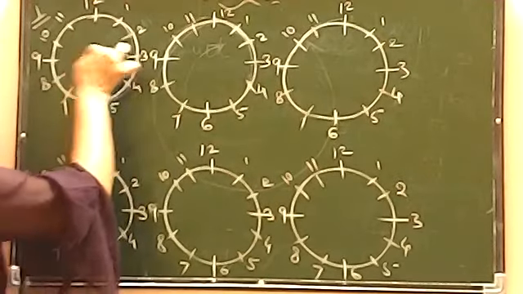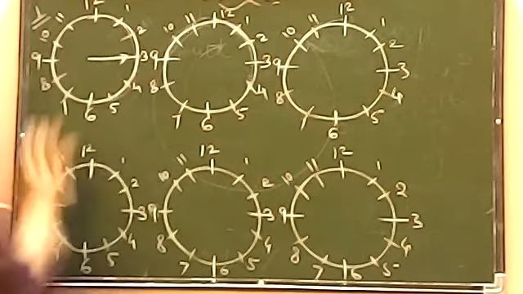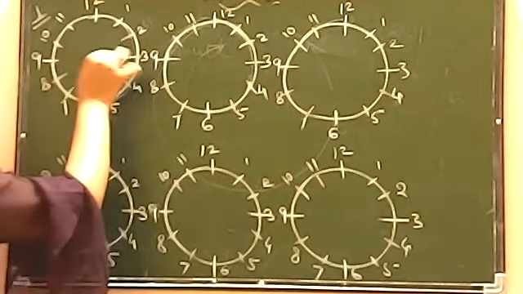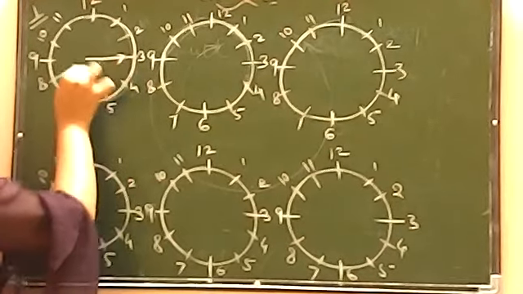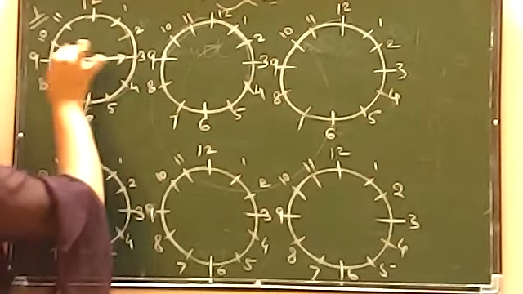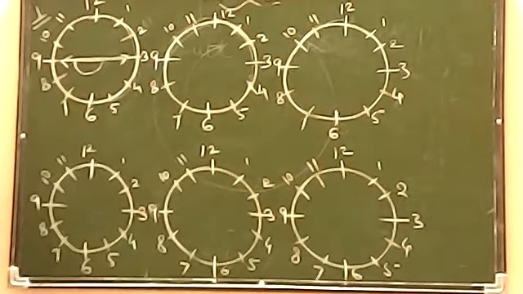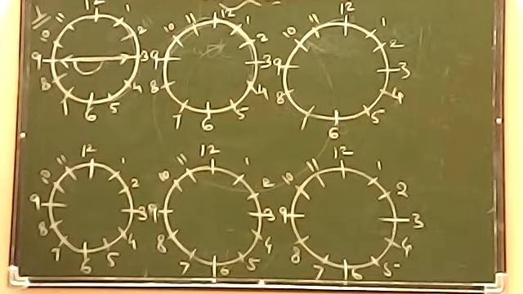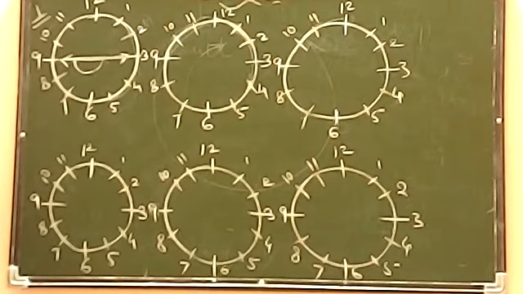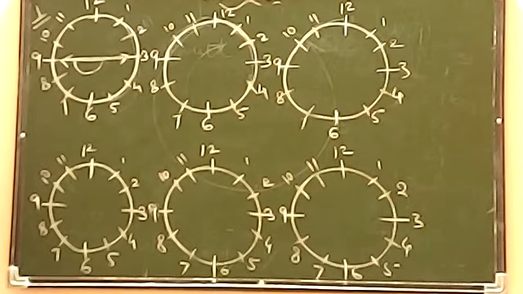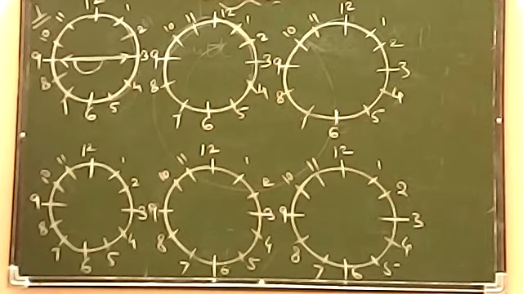You have 3, and from 3 you have to go to 9. So you will start from here and end on 9. Now you tell me, is it covering half or is it 1/4?